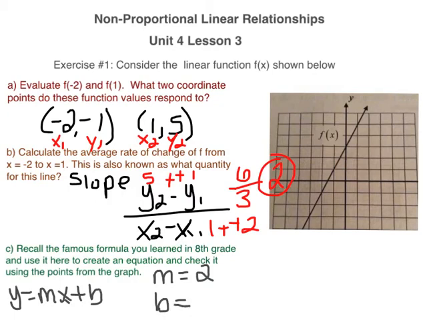Well, how do you find your y-intercept? You look at the y-axis and you go 1, 2, 3. My function crosses the y-axis at 3, so therefore my y-intercept is 3. Now, based on that information, I can go ahead and fill in my equation. y equals m, which is 2, x is always there, plus 3.